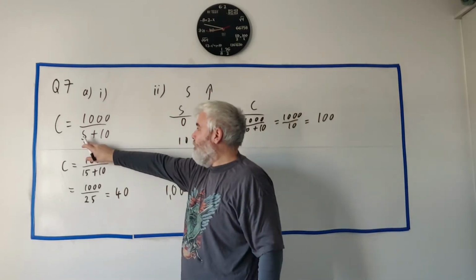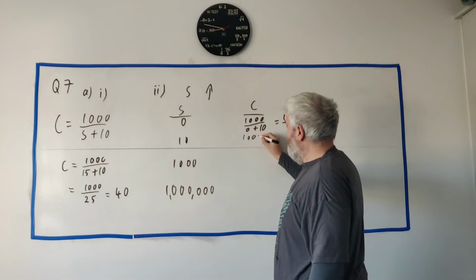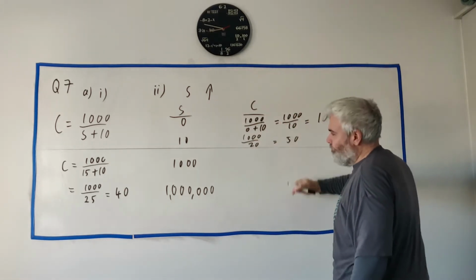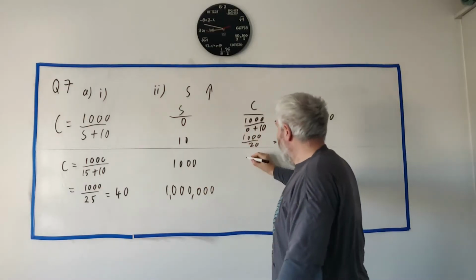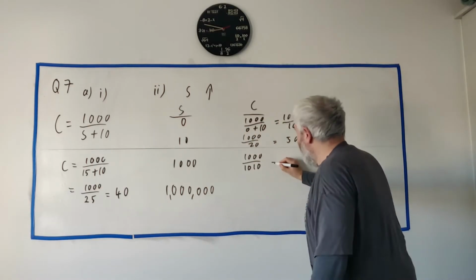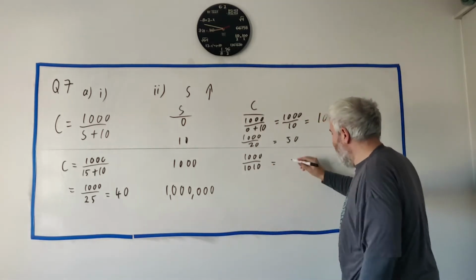1,000 divided by 10 plus 10 is just 1,000 divided by 20, which is 50. And put 1,000 in. That'll be 1,000 divided by 1,010. Put that into a calculator, we get 0.99, something like that.